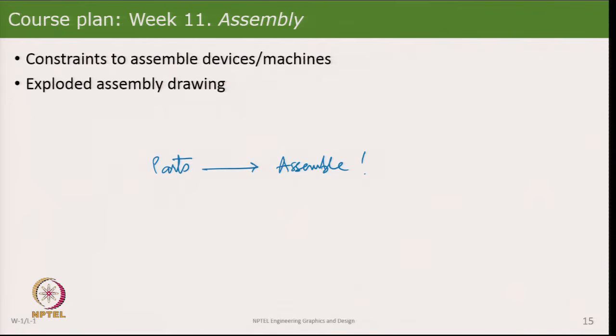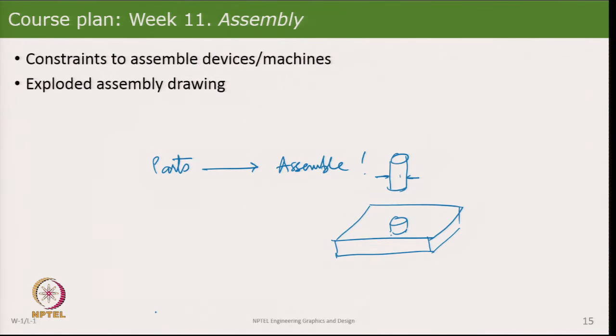There are more advanced features in the packages which tell you that if you have made a plate and there is a through hole in it, and if you want to put a cylindrical object through this, it would also be able to check the size and various features of this and tell whether it will go into it or not. All those features come in later advanced features of drawings.